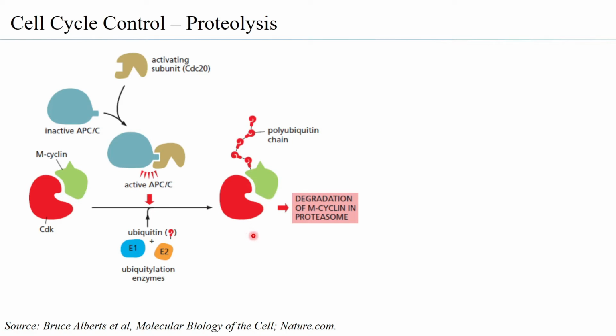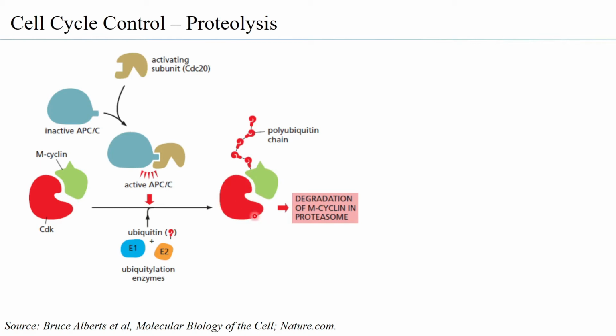So effectively, MCDK activates APC, and this APC in turn inactivates MCDK. The reason is the regulatory role of MCDK is until metaphase. So from the metaphase point on, one doesn't need MCDK, and hence MCDK is degraded.